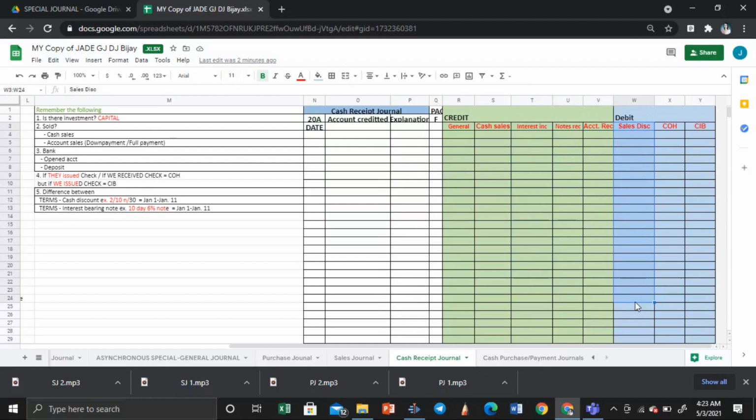For the sales discount, kung meron man tayong mga customers na made on account yung sales natin sa kanila, and then may terms tayo na once nakapag-buy sila within 10 days, 20 days, makakagain sila ng certain percentage para maibawas dun sa kabuuang bilang ng utang nila sa atin.